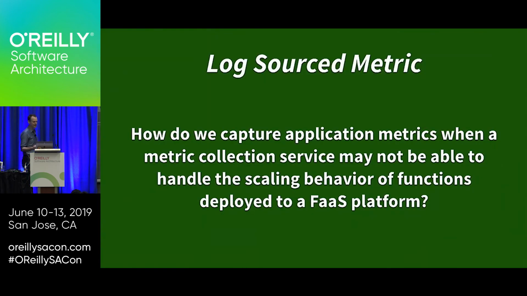So the problem this is solving is: how do we capture application metrics from our Lambda functions or our other FaaS functions when the metric collection service that we want to use may not be able to handle the same scaling behavior that we see in Lambda? And this is a true case. For example, in AWS, you may use CloudWatch metrics as your metric solution, and you can publish custom application metrics to CloudWatch metrics using put metric or whatever the API is called.